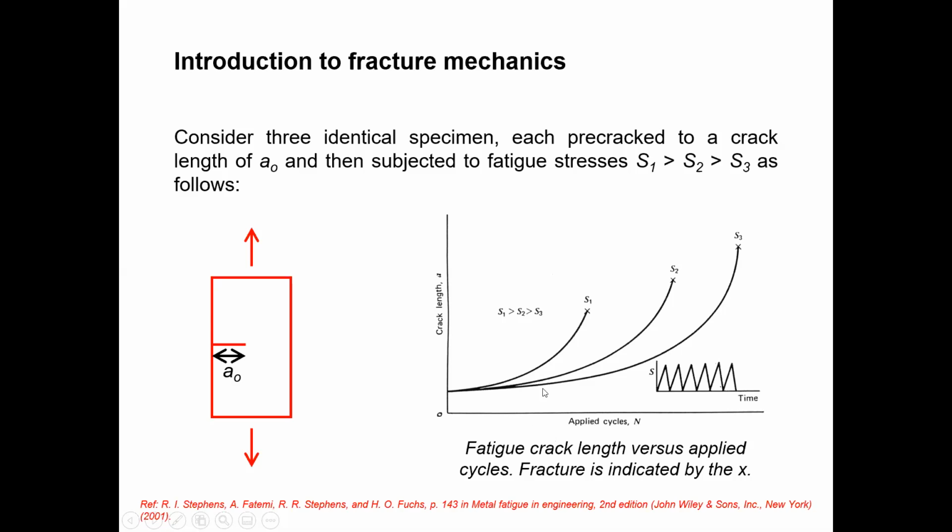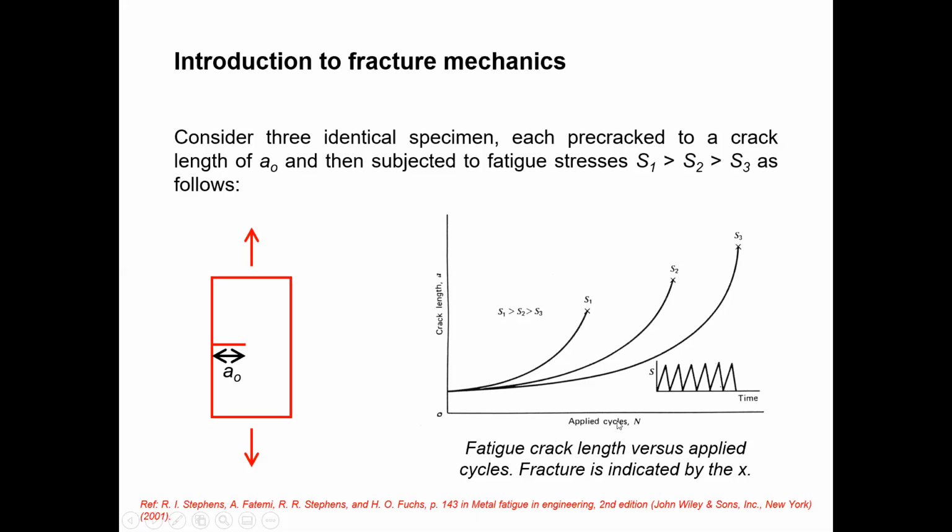So with the number of cycles, you can see the crack length, the A value. This A naught is the initial value. It will propagate. So you can see the crack length propagation with S1. S1 is the highest stress. S2 is the middle one. S3 is the lowest one.